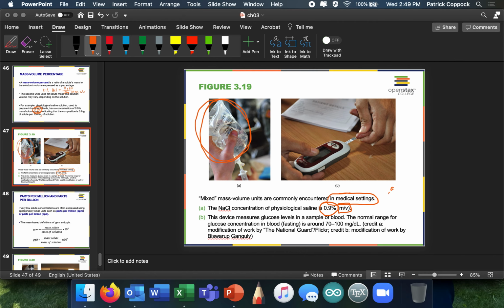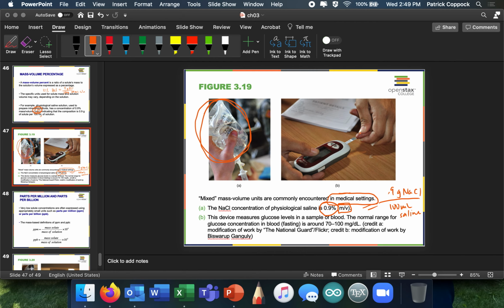That would be 0.9 grams of sodium chloride per 100 mL of the saline solution. That's what the 0.9% would be.